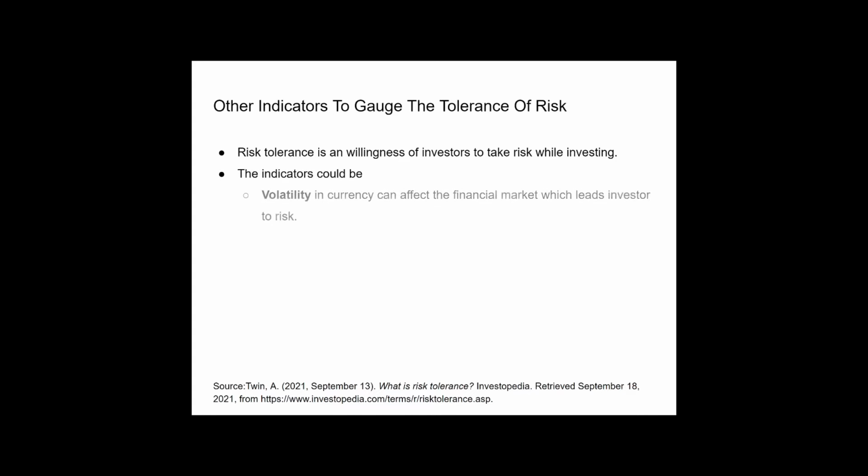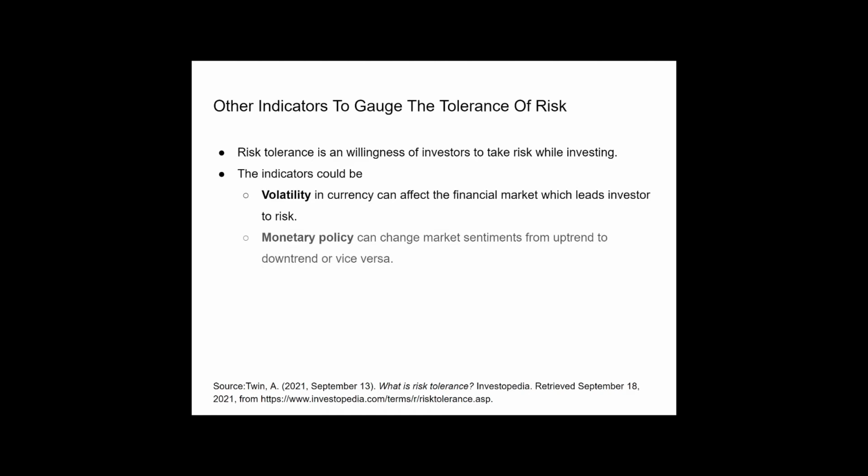Hello, now I'll talk about other indicators to gauge the tolerance of risk. Risk tolerance differs from person to person, as risk tolerance is the willingness of an investor to take risk while investing. Some of the indicators which can gauge the risk could be volatility in currency or financial markets, which can lead investors to a big risk.